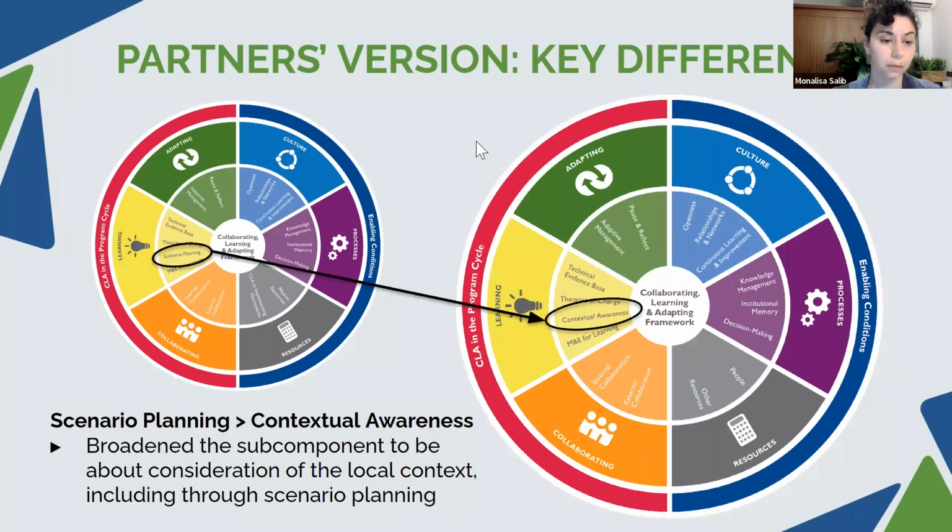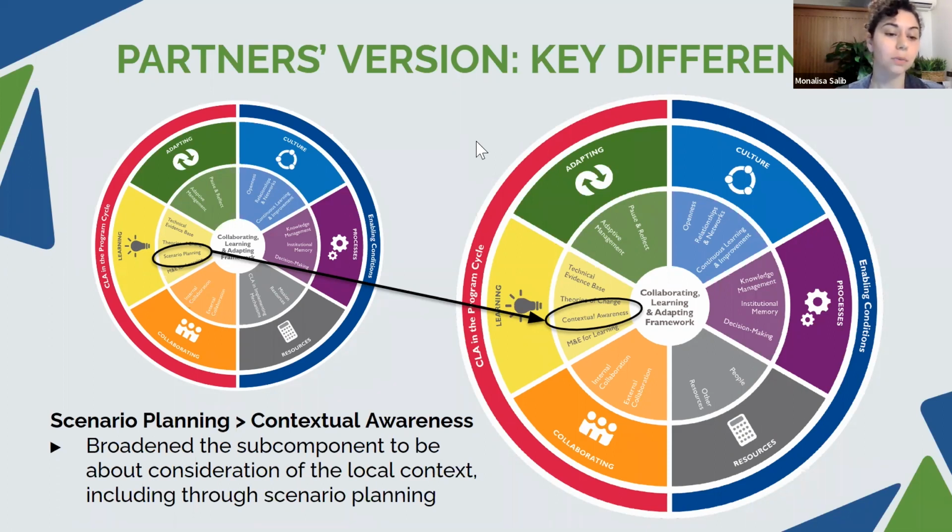The next key difference, and this is maybe a larger one and one of the ones that I think lingered for all of us a little bit from the version 7 that was for USAID missions. So under the learning component, we had a subcomponent called scenario planning. And what we did was we changed that to be broader, to be about contextual awareness. And actually after that change, we did get some emails from USAID colleagues saying, oh, maybe we should think about that change for the USAID one.